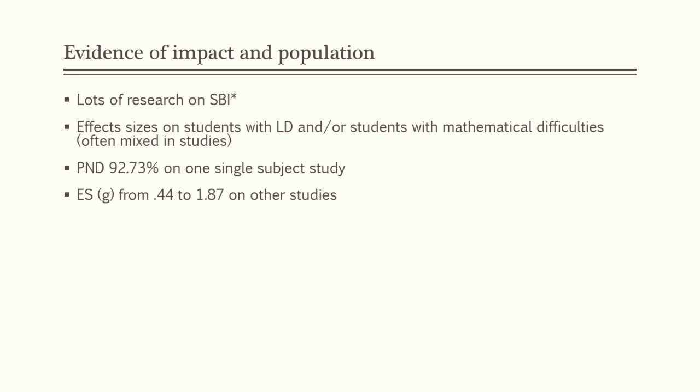Other studies listed effect sizes using Hedges' g, which ranged from 0.44 to 1.87, which are moderately effective to highly effective. These studies all involved third graders and 6th through 8th graders. One study was third graders, others were 6th through 8th graders. One study listed an effect size for all grades, which was 1.77, and that had learning disabled students mixed with students with math difficulties.